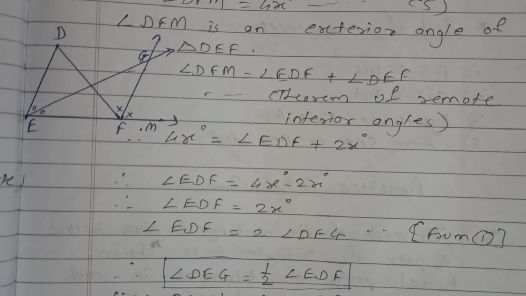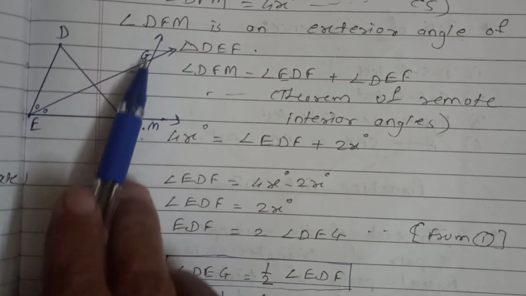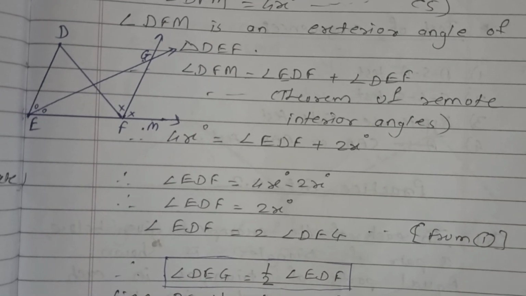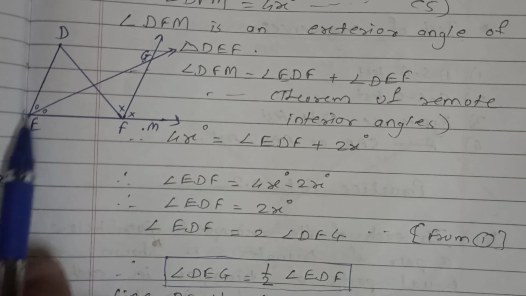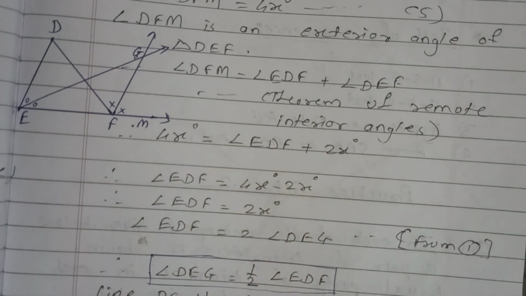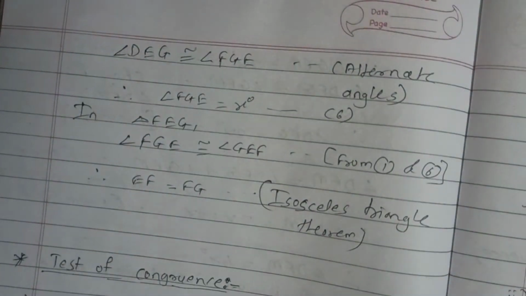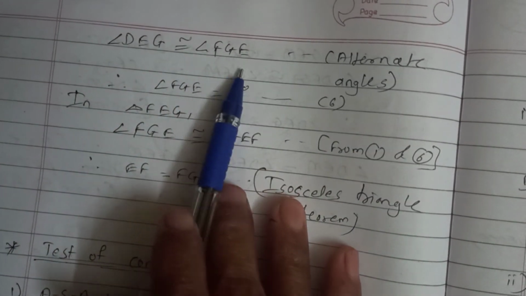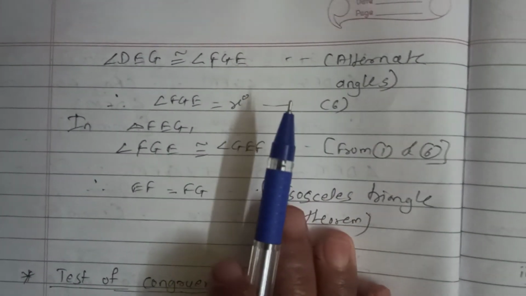Line DE is parallel to line GF and line EG is the transversal. We can write then angle DEG is congruent to FGE, alternate angles.